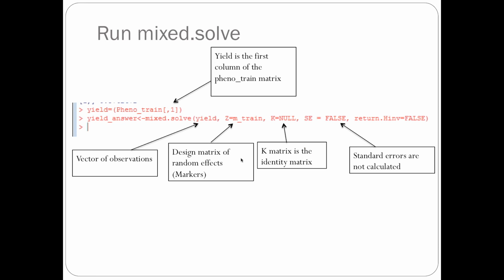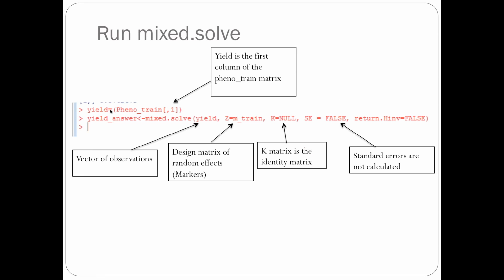So to run the code for rrBLUP, the first trait is yield. So I set yield equal to the first column of the phenotype matrix. Then I ran mix.solve for a vector of the observations.